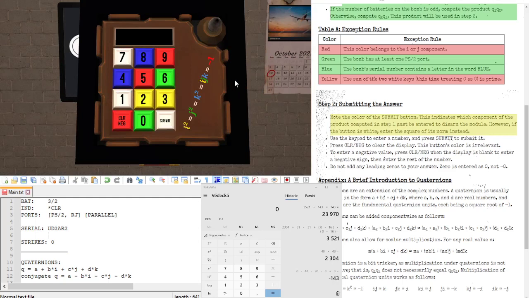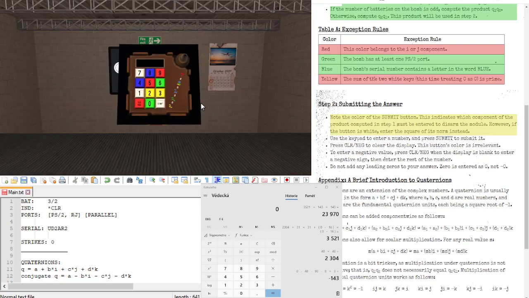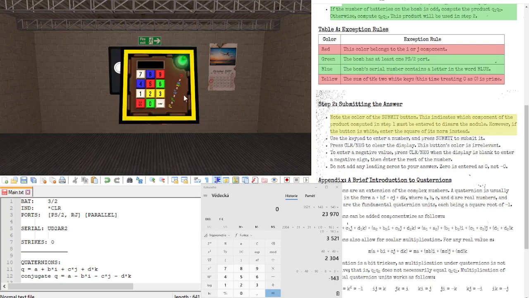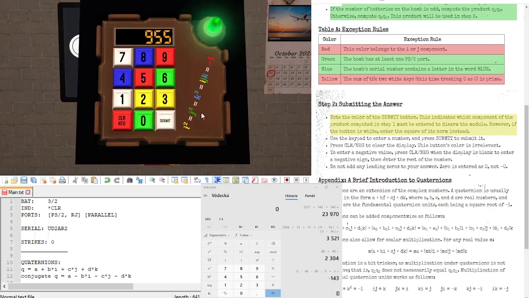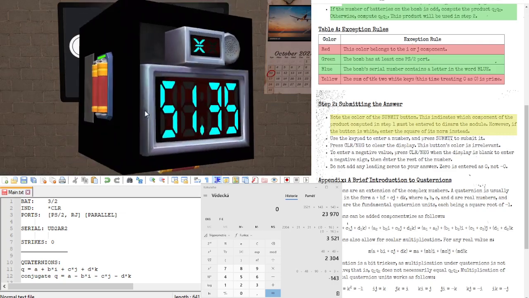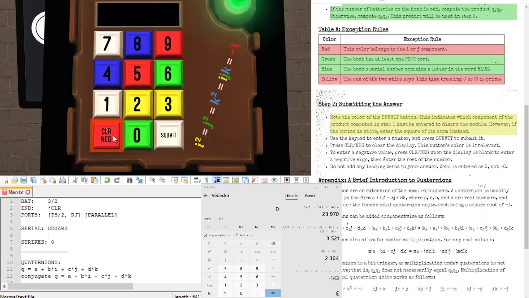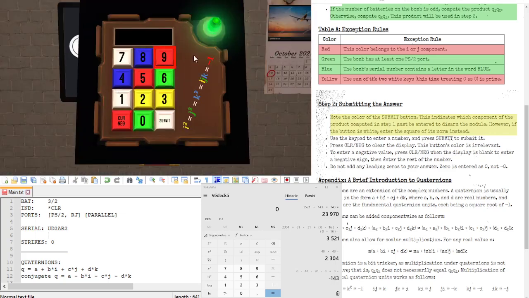And the submit button is white, so you need to submit the square of the norm again. And you can find the answer in the log file, because I will not bother with that. However, just to show, if you submit the wrong answer, you'll get a strike, but nothing resets. The wrong answer is also if there's nothing in the display.